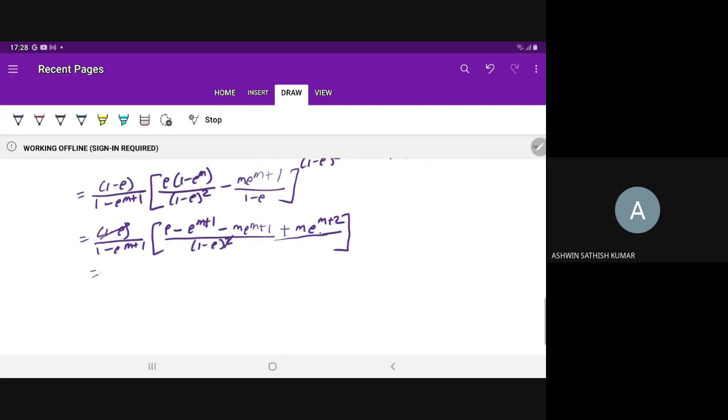So this can be written as, if you add the like terms, rho minus m plus 1 rho to power m plus 1, if you combine the second and first term, plus m rho to power m plus 2 upon 1 minus rho into 1 minus rho to power m plus 1.